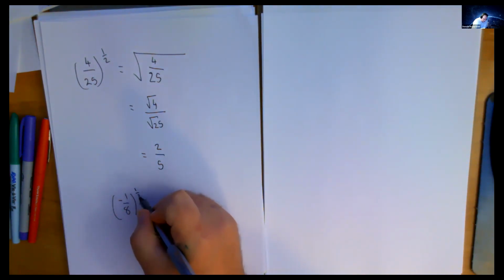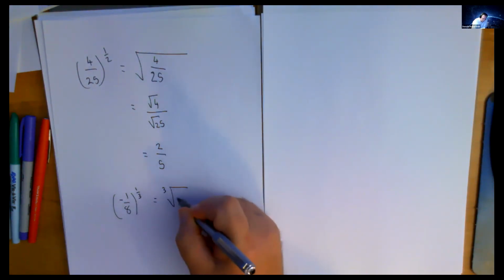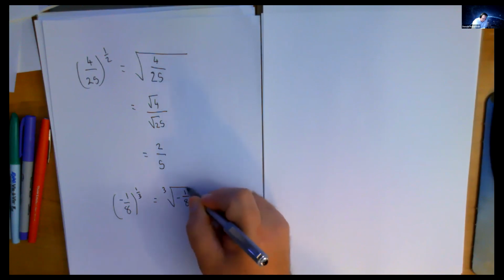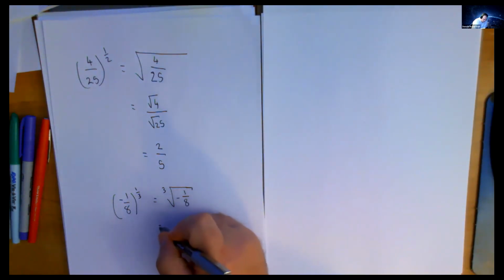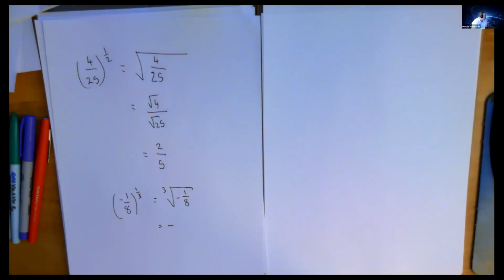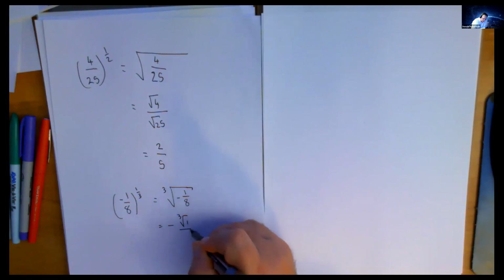How about -1/8 to the power of a third? Well, won't that be the cube root of -1/8? This is what I do. I know the answer is negative, so I just stick it outside and I can forget about it. Can't I now separate it into the cube root of 1 over the cube root of 8?